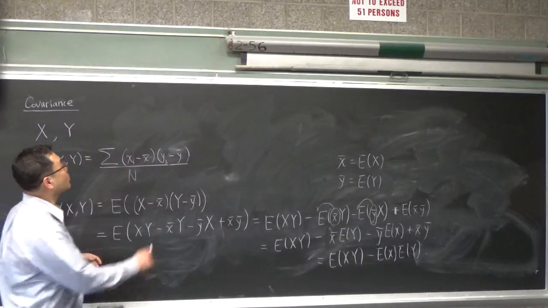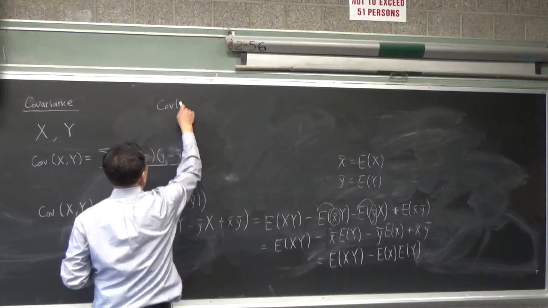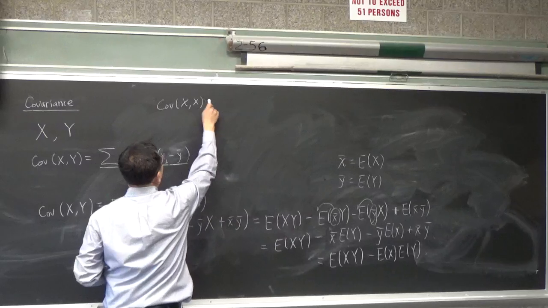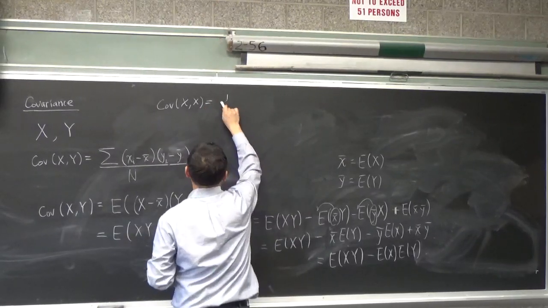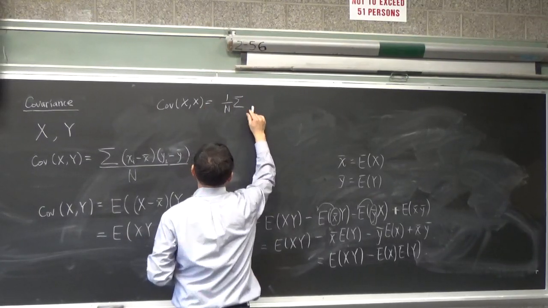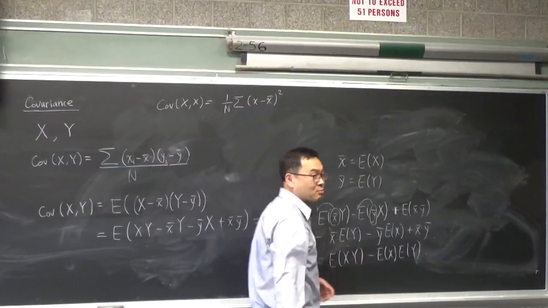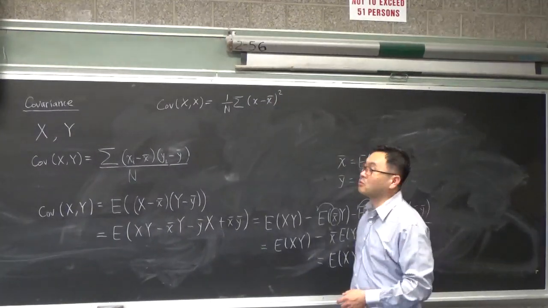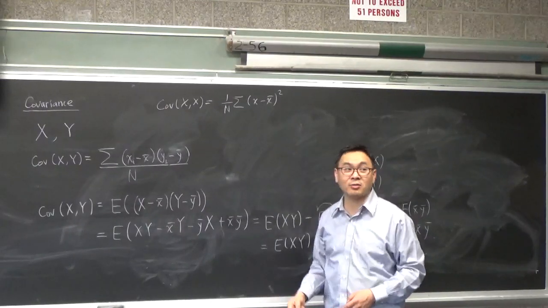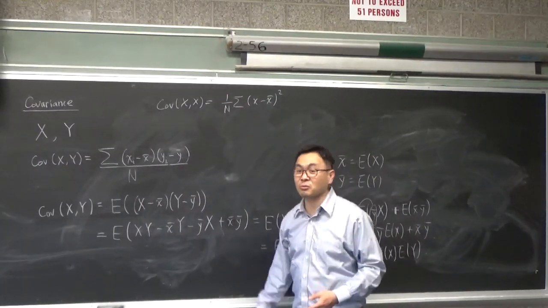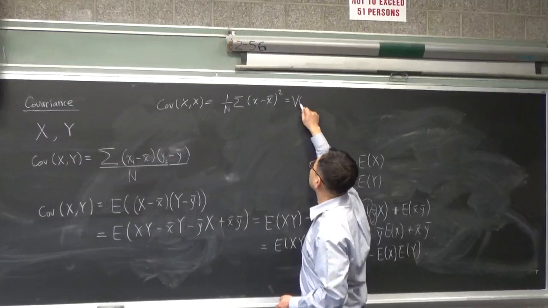And the formula for covariance of x and x is now going to look like exactly the formula for the variance, right? Because variance measures how far it's away from the mean. You square it to make it positive. You take the average. That's what variance is.